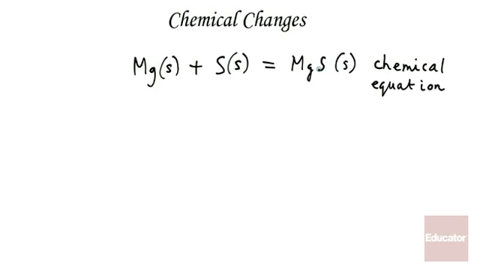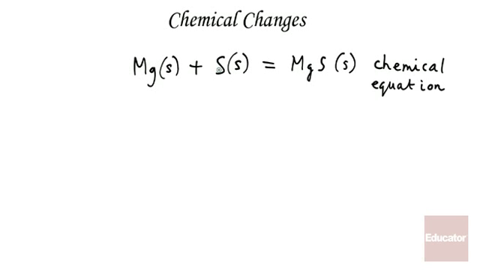Now, I told you that reversing a chemical change can be a complicated process. Let me illustrate what that means by actually carrying out a reversal of this chemical change. I want to get MgS back to Mg plus S. I cannot do it as I did the reversal of a physical change simply by heating the MgS or cooling the MgS or trying in some way to divide it.